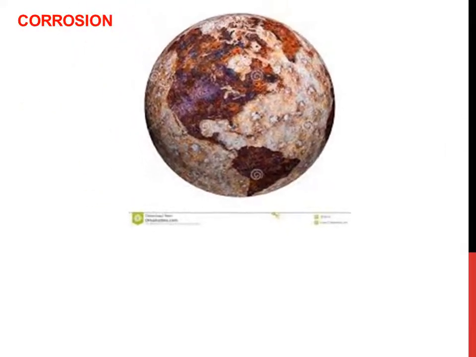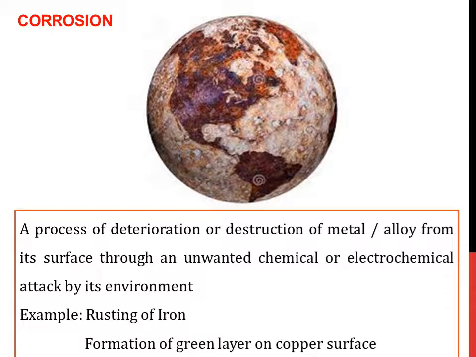What is corrosion? Corrosion is nothing but the gradual destruction of materials by the reaction with various environmental factors, and it may be the presence of oxygen, carbon dioxide, moisture, etc. So, this process can be defined as the destruction of materials from their surface through an unwanted chemical or electrochemical attack by the environment.